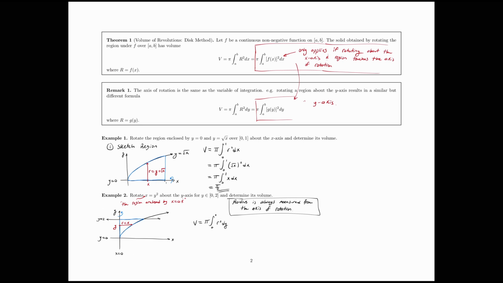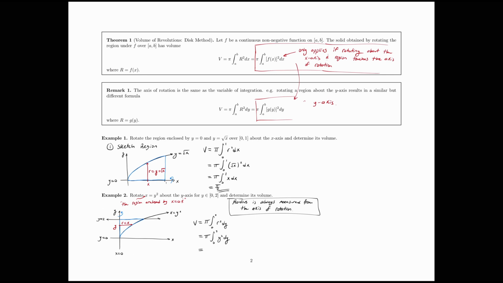So the radius must be a function of y. So what is the connection between x and y on this curve? Well, this curve is, of course, x equals y squared. There you go. So the radius is actually y squared. So 0 to 2, y squared dy. There you go. That's set up.